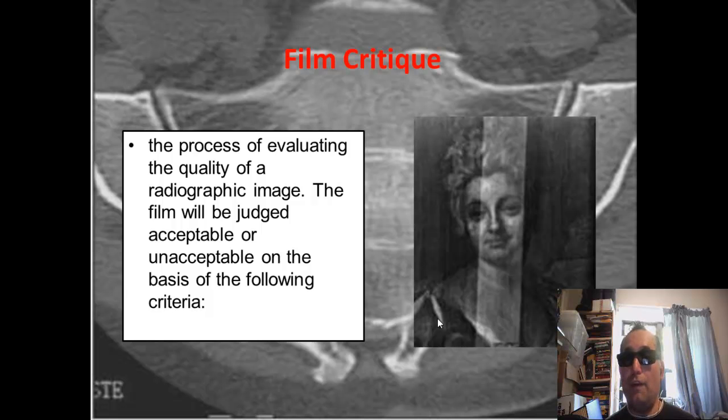Almost imagine a checklist where you have to look at not only the positioning, but the other items that we'll talk about, such as alignment, collimation, patient identification, and marker placement. Although we will discuss all of these separately, all of them are happening basically simultaneously when you make that exposure. Let's begin.